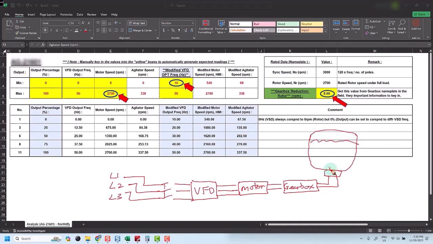So this agitator basically is just a blade, so that the blade will spin to stir or to agitate the fluid inside the tank so that it will be evenly distributed and mixed around. Okay, so this is an agitator.